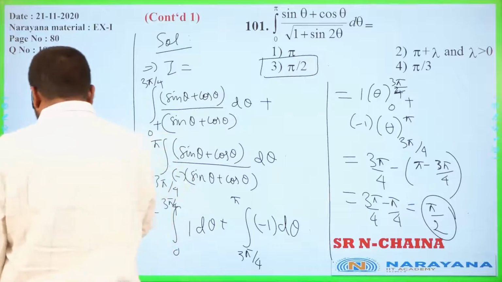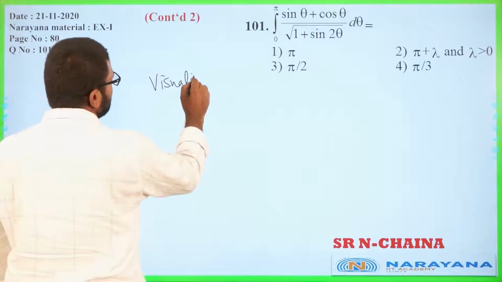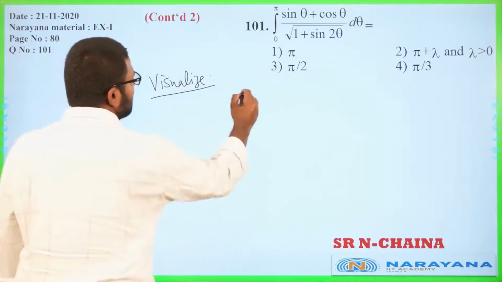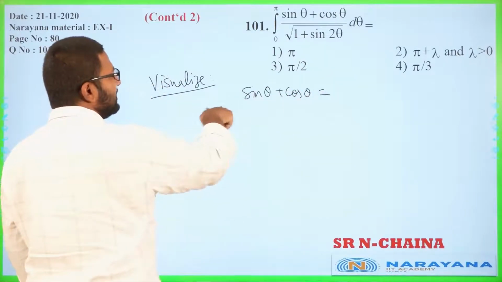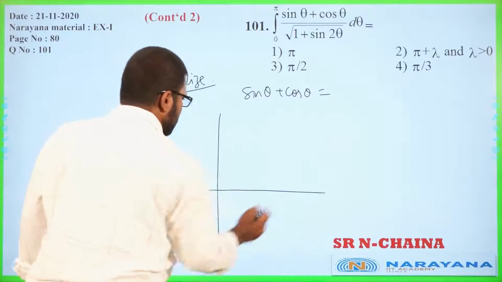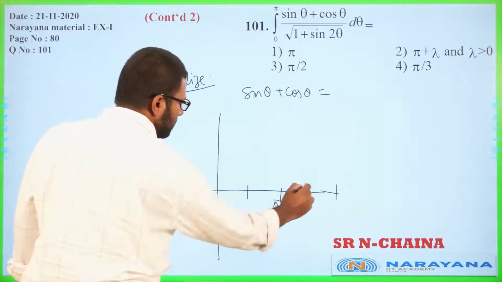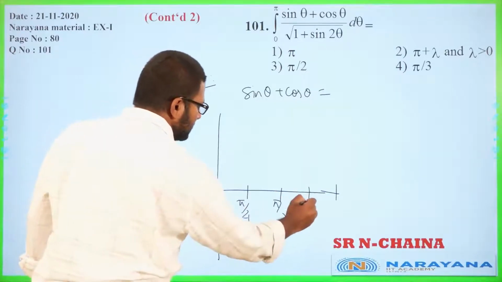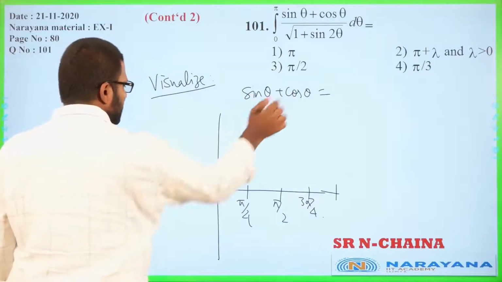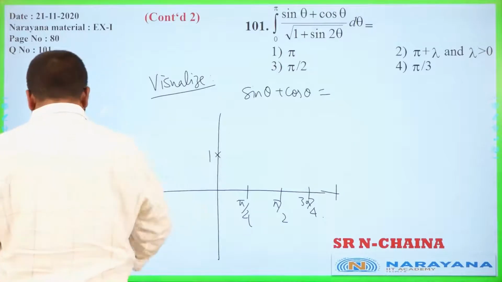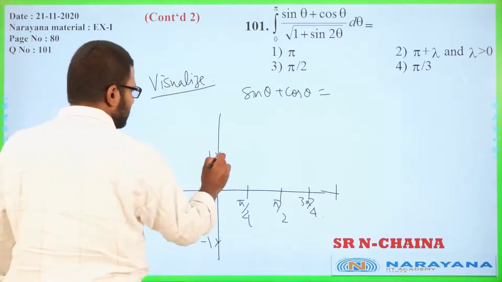And since we are dealing with graphs, I suppose it will help you to visualize sin theta plus cos theta. We want between 0 to pi, so let us mark pi by 2, pi by 4 and 3 pi by 4. Now we know when theta is 0, the value is 0 plus 1, so this is plus 1 and minus 1, and the graph is here.